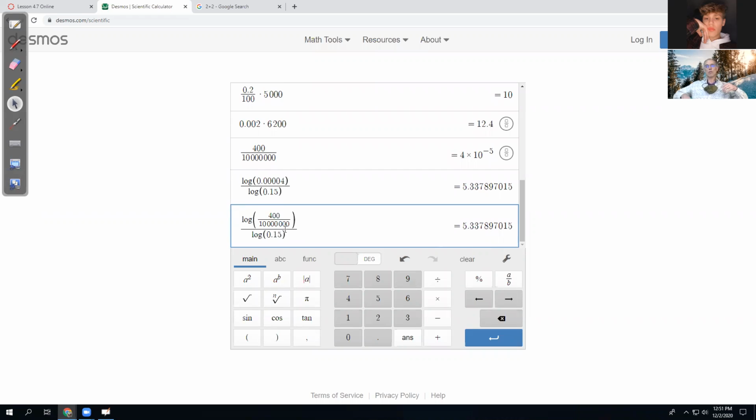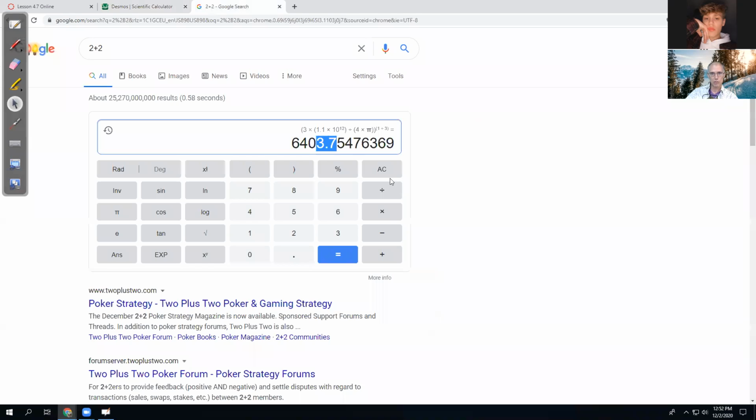Now, this is the number of filters I need, and I can't just buy a third of a filter. Either I buy a whole filter or not. So in this case, I would round it up to 6, because if I only go with 5 filters, that's not going to get me where I need to be. Just to double check that, my original formula was 10 million times 0.15 raised to the number of filters.